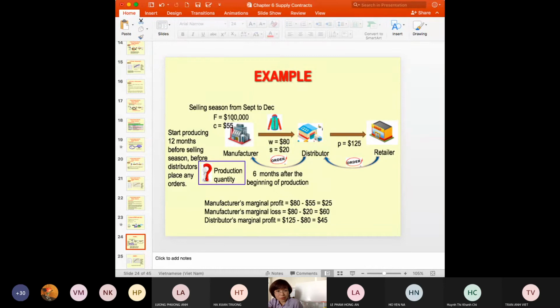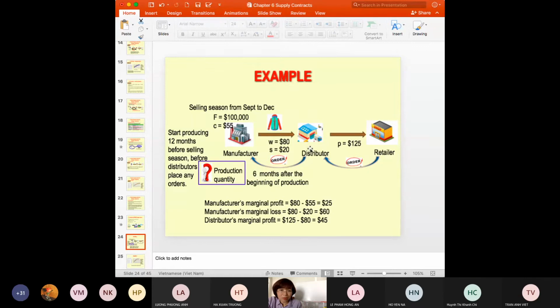So the manufacturer plans to produce their product 12 months in advance. They sell to the distributor at 80, and the distributor sells to the retailer at 125.